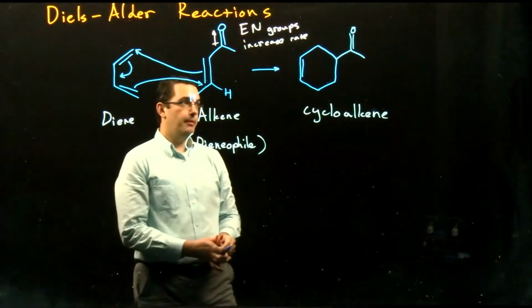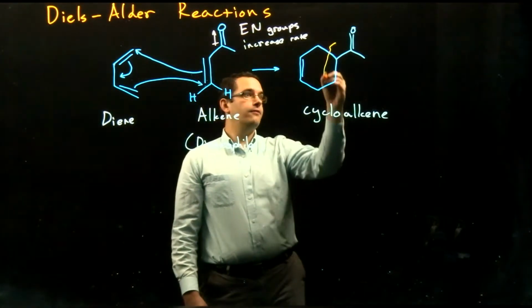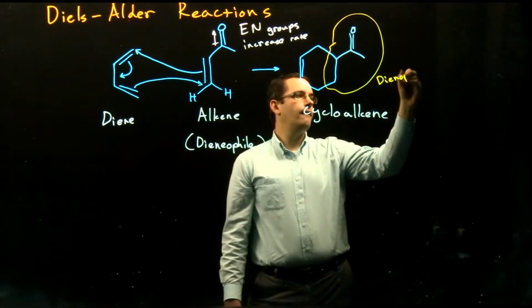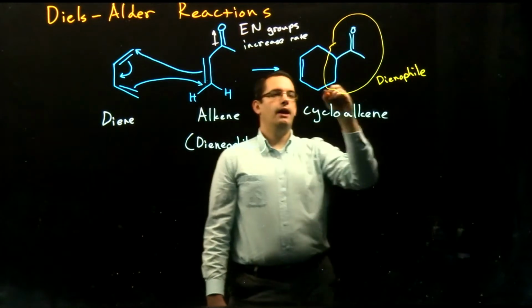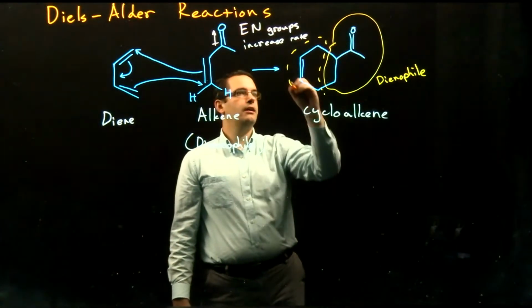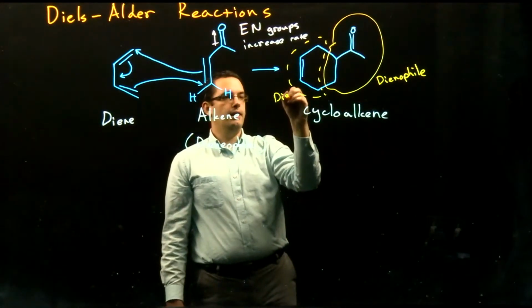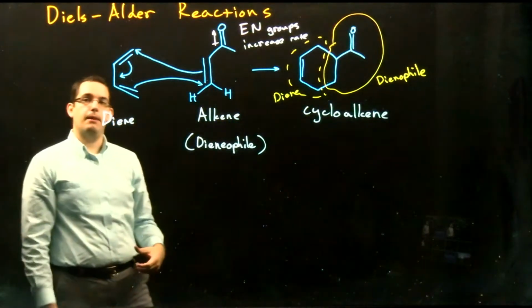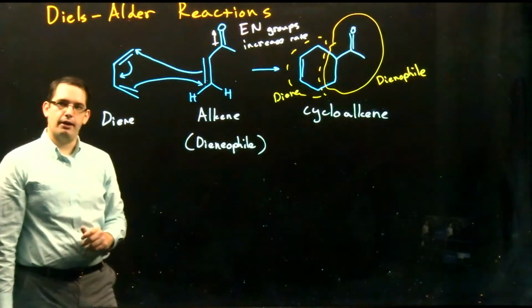Remember, all of this stuff over here is our dienophile, and all of this stuff over here is from our diene. Okay, so we have those two things combining together to make our final cyclic product.